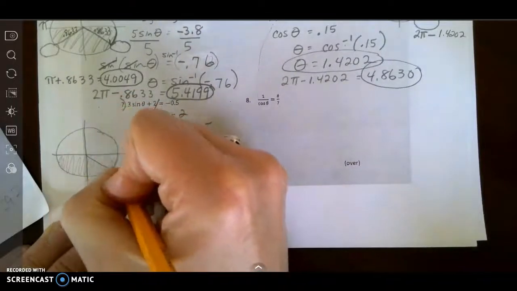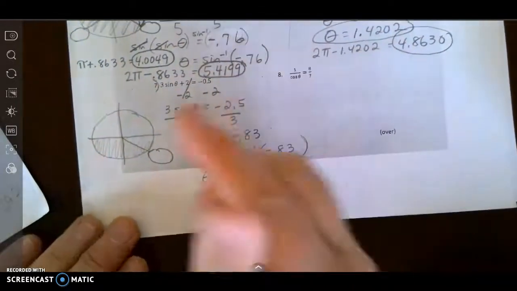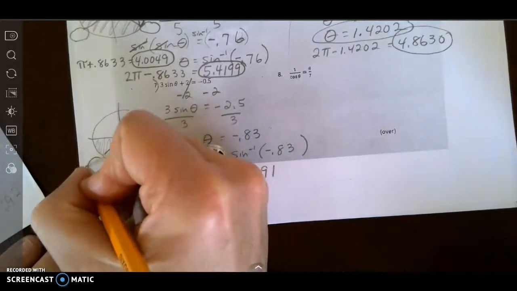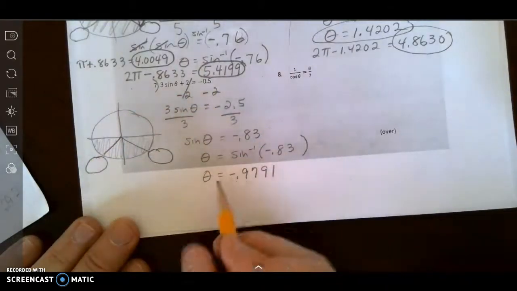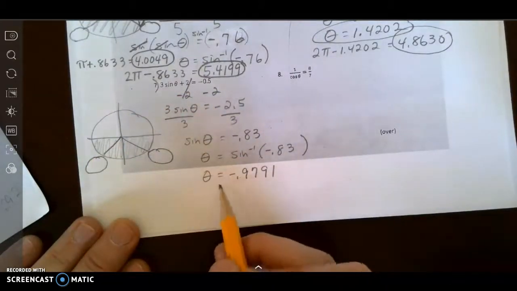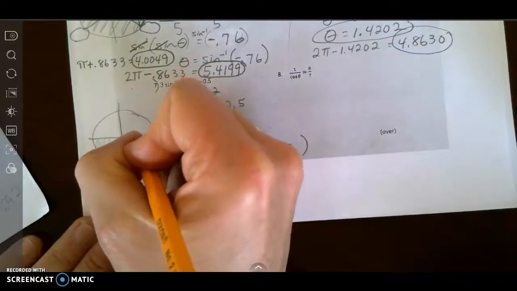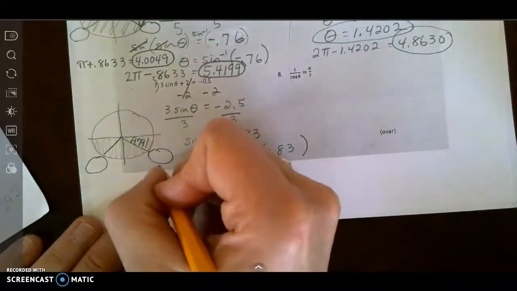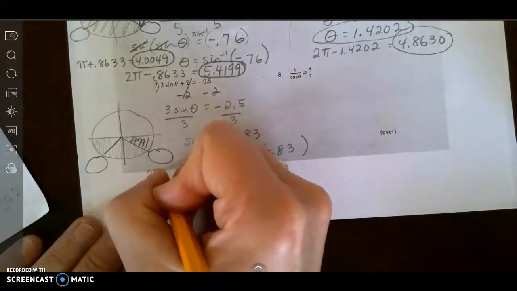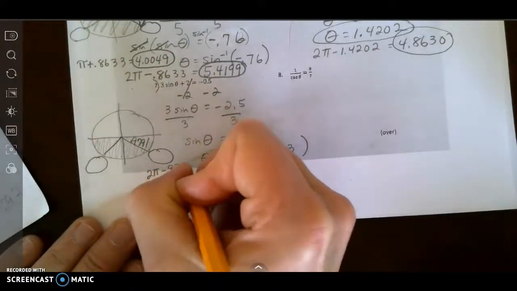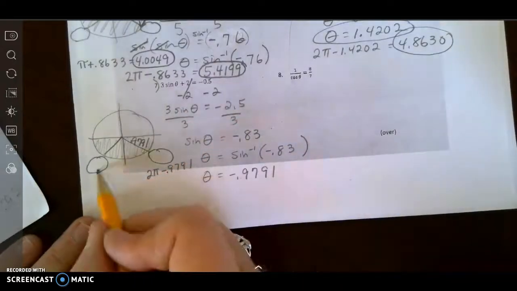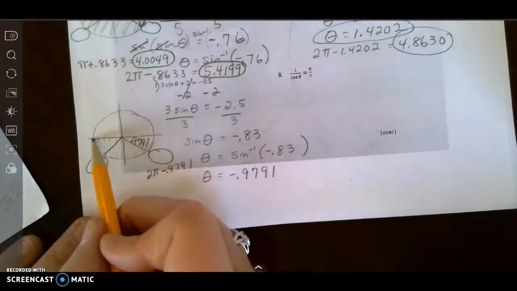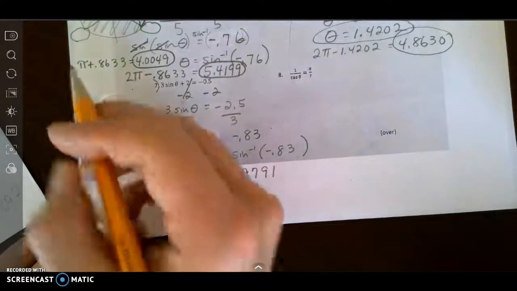So I want a quadrant 4 answer, and I want a quadrant 3 answer. Now the negative angle just means go in a negative direction, 0.9791. So this answer is going to be 2 pi minus 0.9791.